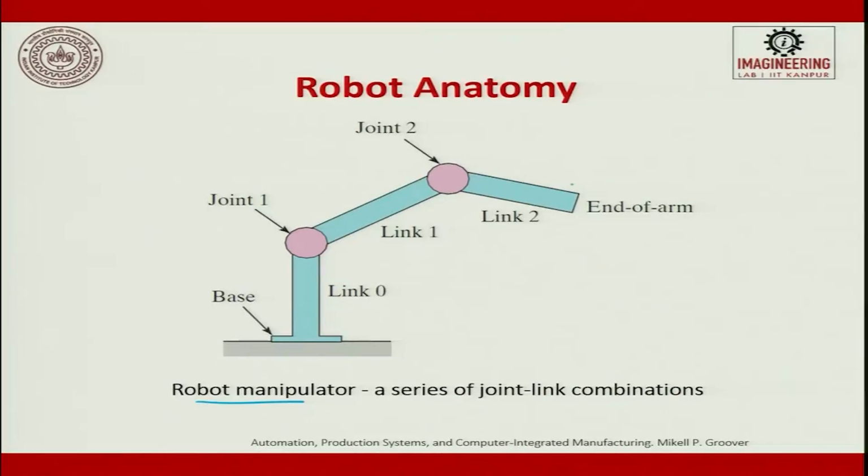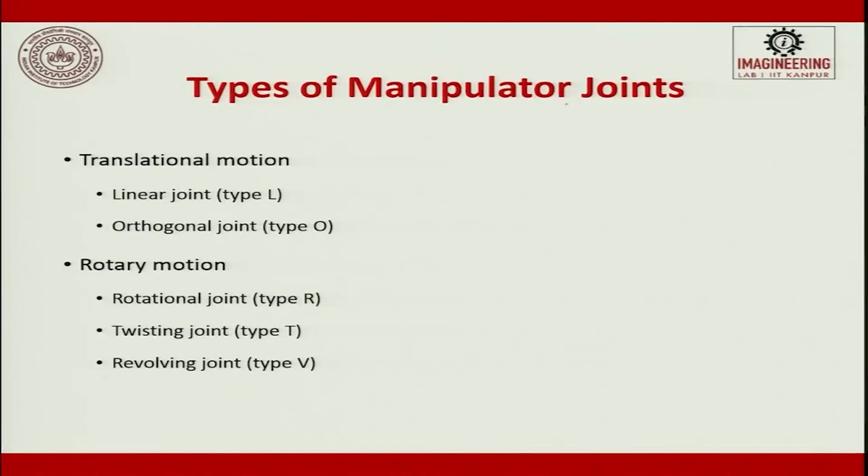This is called a manipulator. You will have a base, link 0, link 1, link 2. Link 0 is attached at joint 1, link 1 and 2 at joint 2. At the end, we put the end effector or end of the arm. When we talk about types of joints, we have two major classifications.